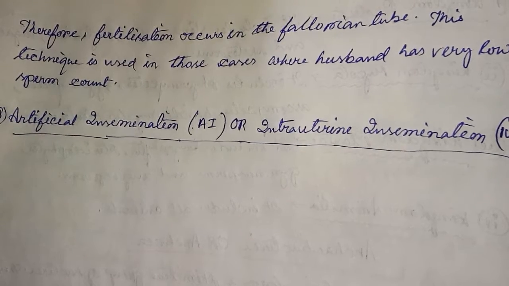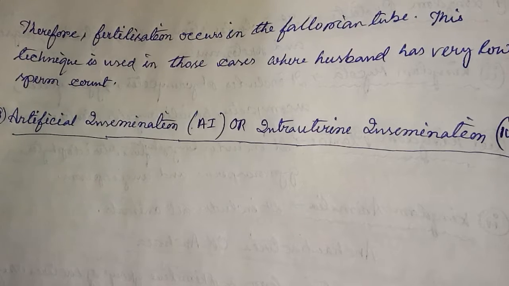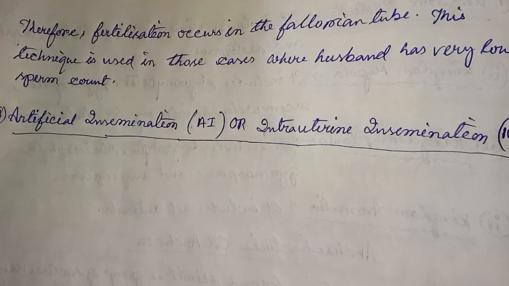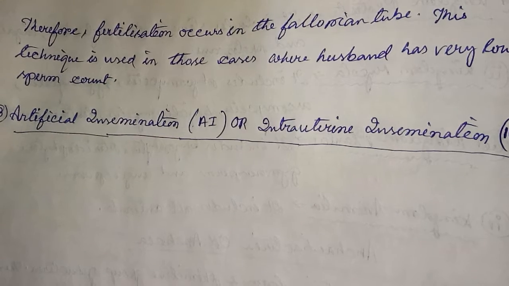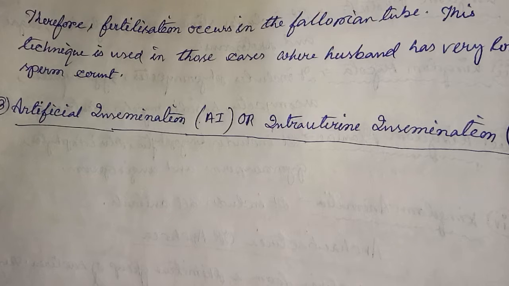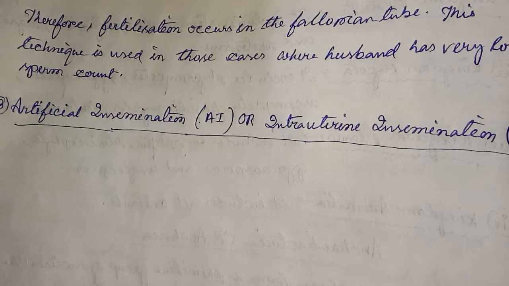Artificial insemination is a technique to treat infertility by placing sperm into the vagina or cervix when a woman is ovulating using a thin flexible catheter. The sperm then travel into the fallopian tubes where they can fertilize the egg.